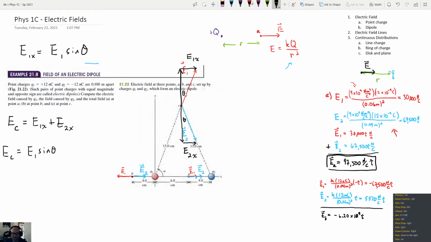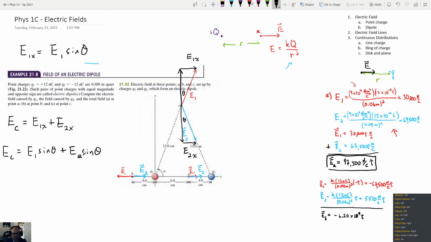And if you don't remember, the idea is that if it's opposite, and this is written a little bit weirdly here, this is E1. Right? So hypotenuse, this is the opposite side. So that means we use the sine. Okay, so E1 sine theta plus E2 sine theta.